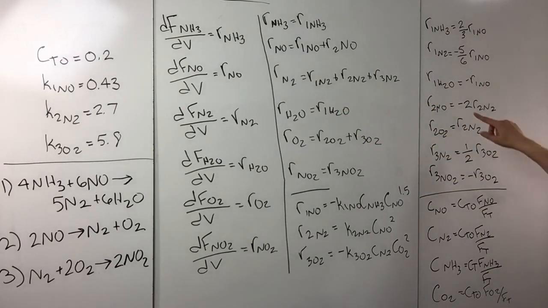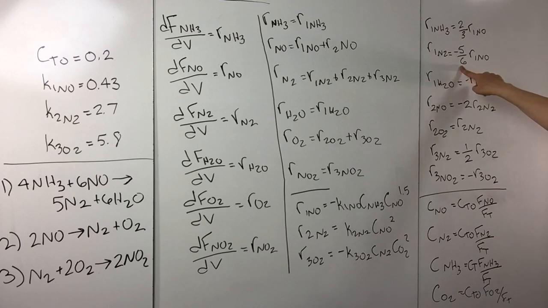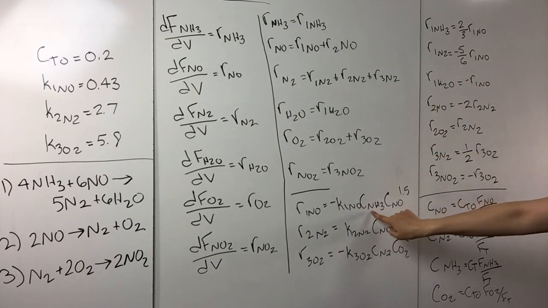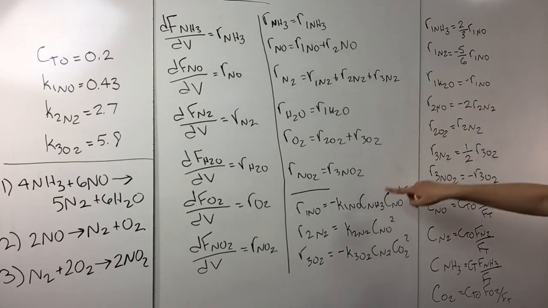R1N2 is minus 5/6 multiplied by R1NO, so that ends up being positive because it's negative multiplied by a negative.